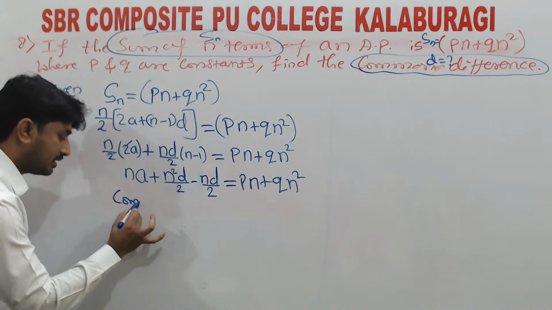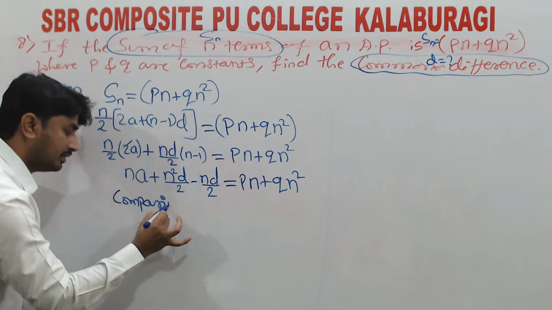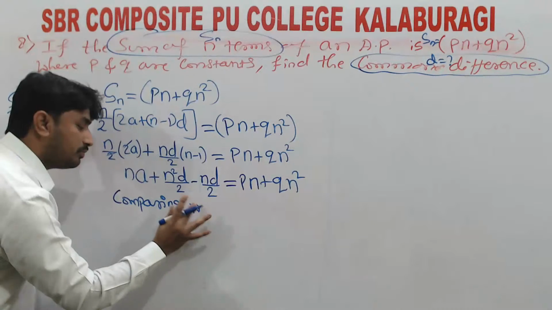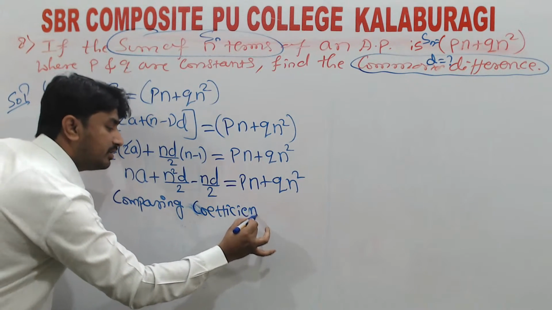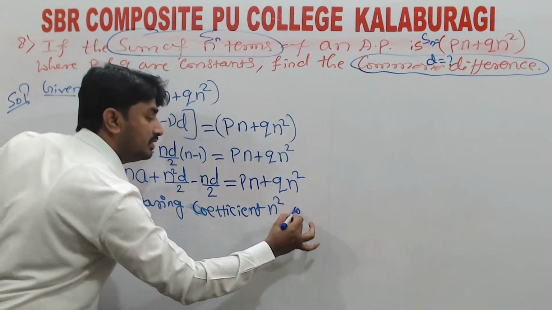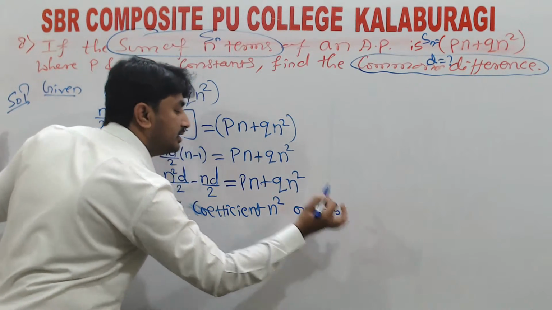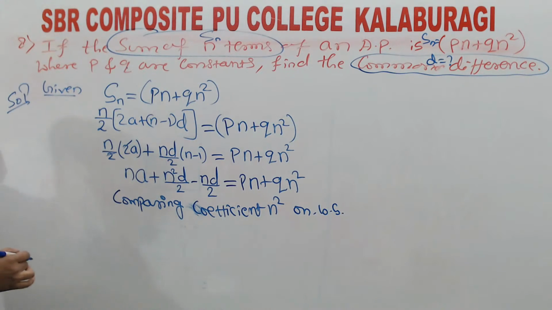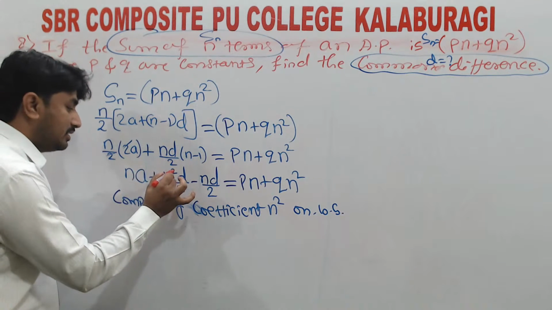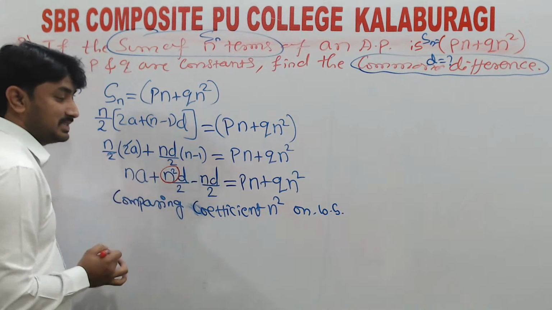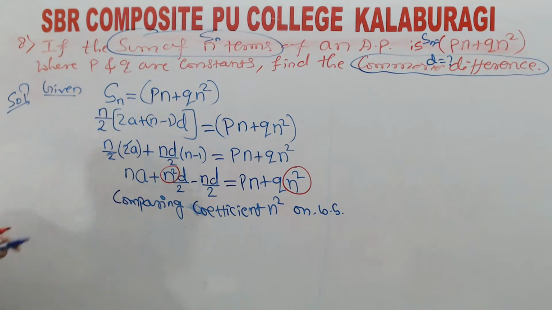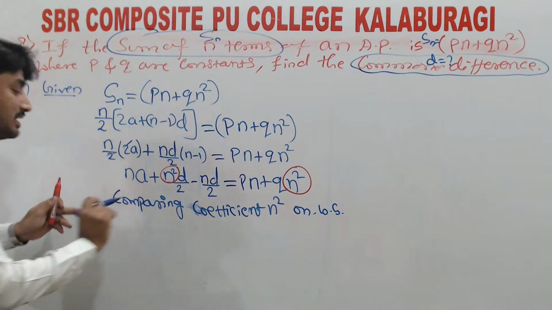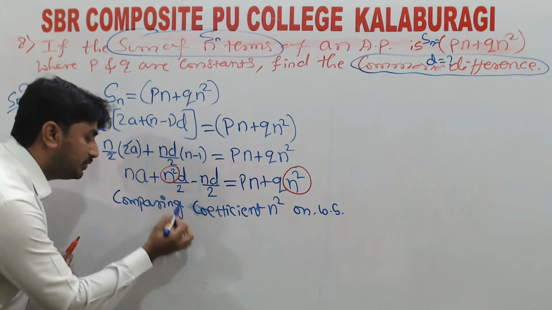Therefore, comparing the coefficient of n square on both sides. Here I am comparing n square on the LHS and n square on the RHS. The n square coefficient is d by 2.